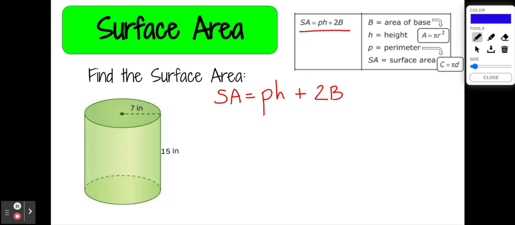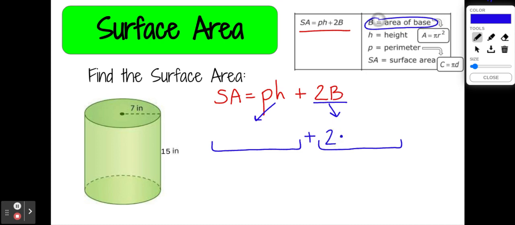Now I think it's easier to first find the area of the two bases. So I'm going to break this up. We've got pH, plus, and then 2B. Let's start off with 2 times B. Remember, the B stands for area of the base, and we have to use the area formula for that.